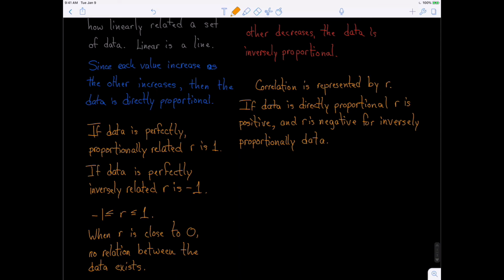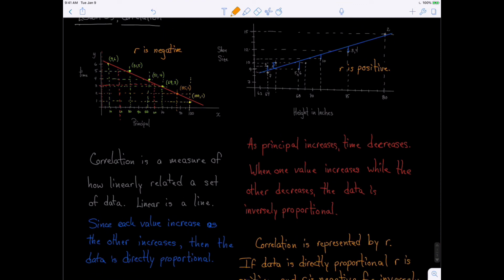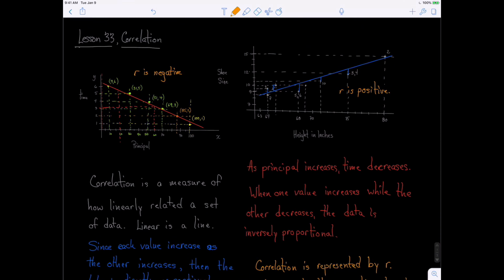All right, so that's the idea of correlation, and R is just a way of measuring what we can see. And for example, here on the loan, I would guess that R is close to -1. And on the height and shoe size, R is fairly close. It's probably not as close as the loan, but is fairly close to +1.